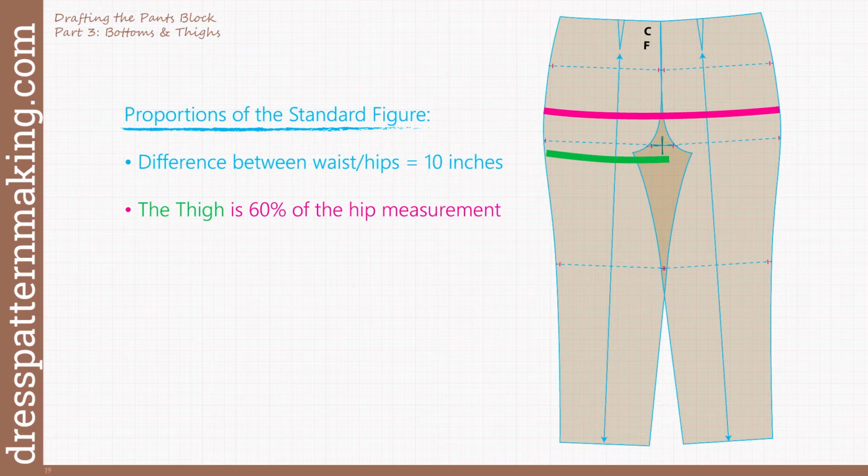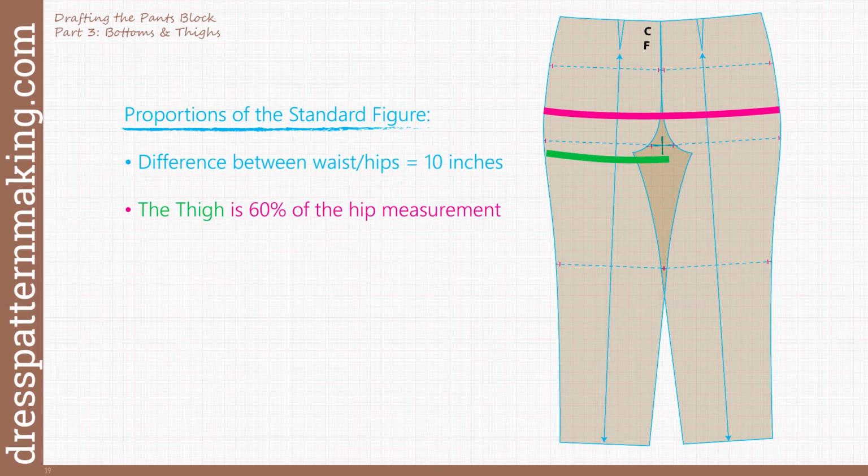But then it becomes confusing if you're using another part of your body as your low hip measurement, as in your stomach is the largest part of your body below your waist, or around your crotch level is the large part of your body. But for the standard figure, the low hip is 2 inches above the crotch and the thigh is 60% of that measurement. And I'm talking about body measurements here. I'm not taking into account any ease.